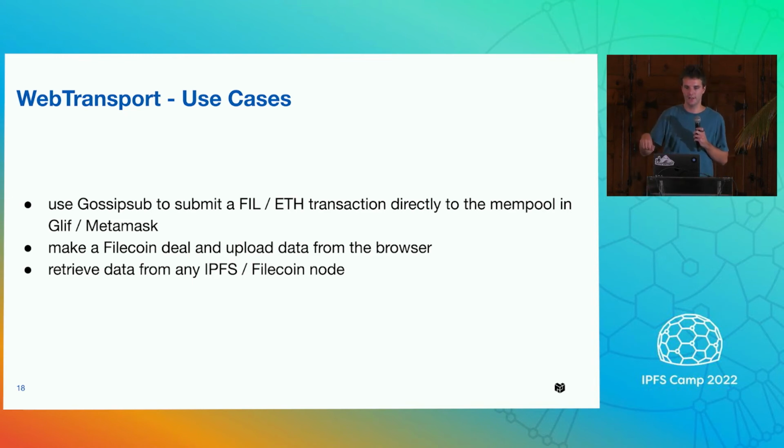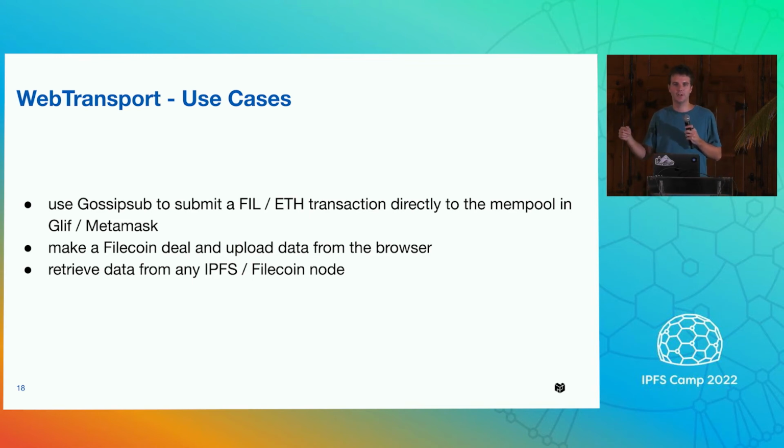Currently, when you send Filecoin via the Glif web interface, you sign the transaction, and then this transaction is transferred via HTTP to a proxy server or a gateway server that Glif is operating. And then this server is running a full Filecoin node and is broadcasting it to the Filecoin network via GossipSub.